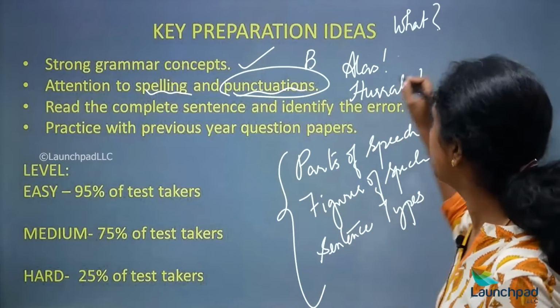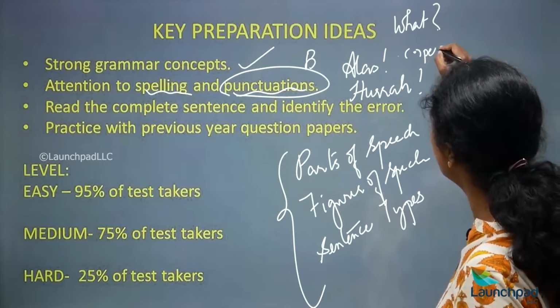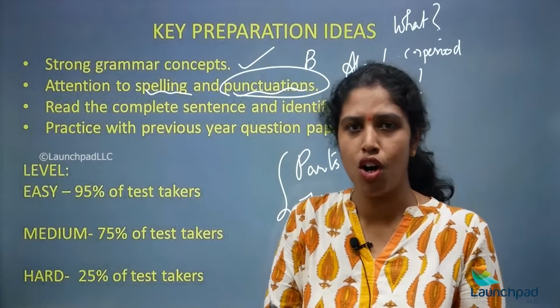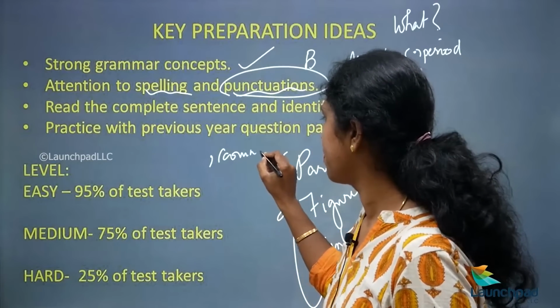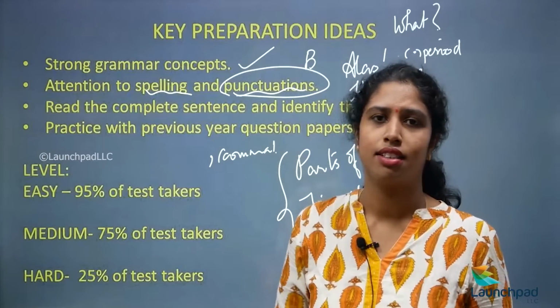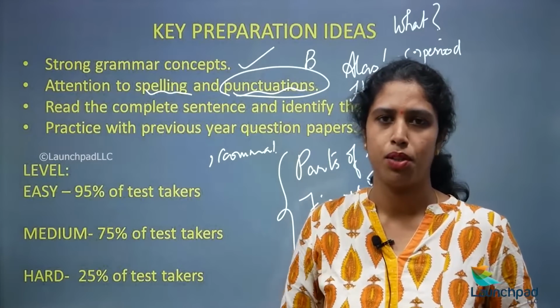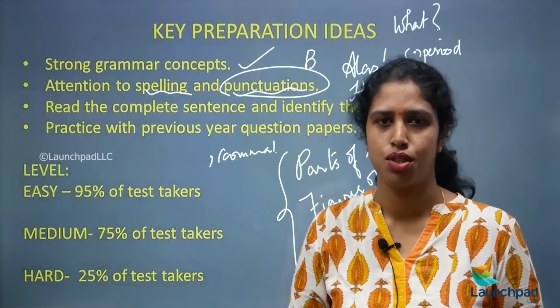Whenever a sentence ends, it ends with a full stop, which is a period. When you give a pause and continue, there is a comma. There are many punctuation marks, so we need to focus on them and know where which punctuation will be used.